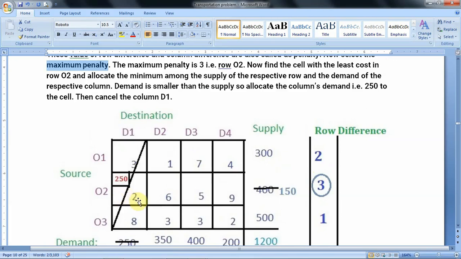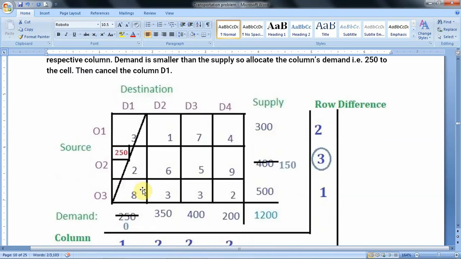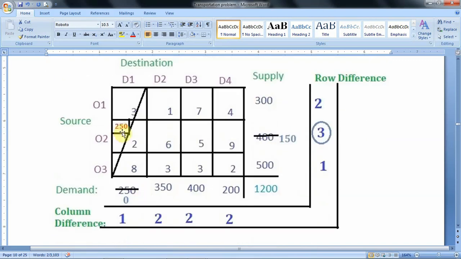So allocate the units to that O2 D1 cell, that are 250 here, and here also 250 is the least value, the minimum value, so allocate 250 units to that O2 D1 cell.